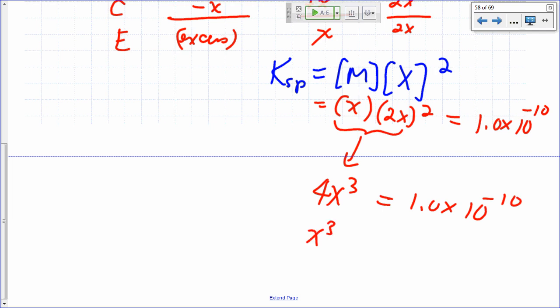So how do you solve for X? X cubed is 1.0 times 10 to the negative 10 over 4.